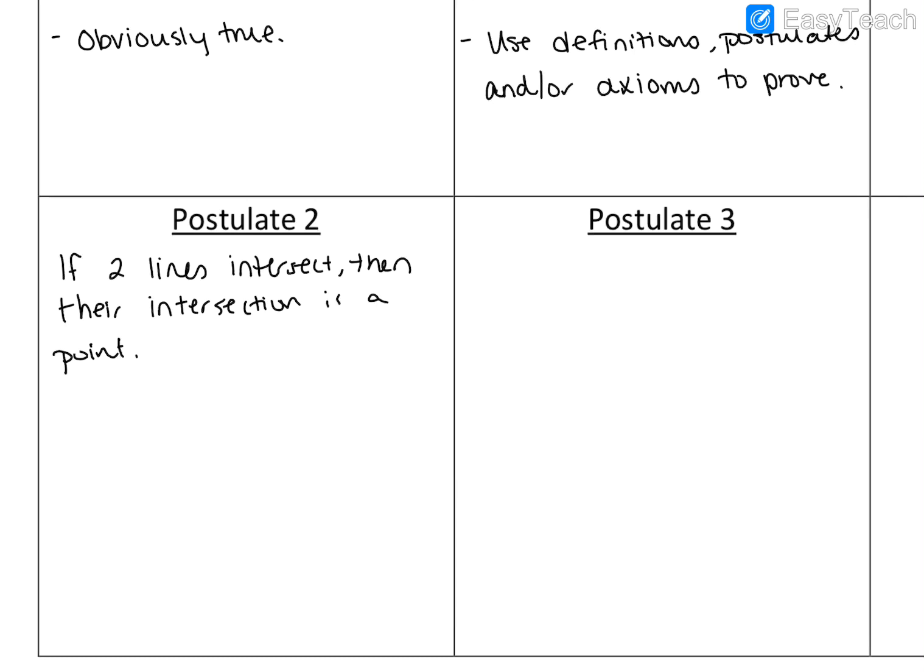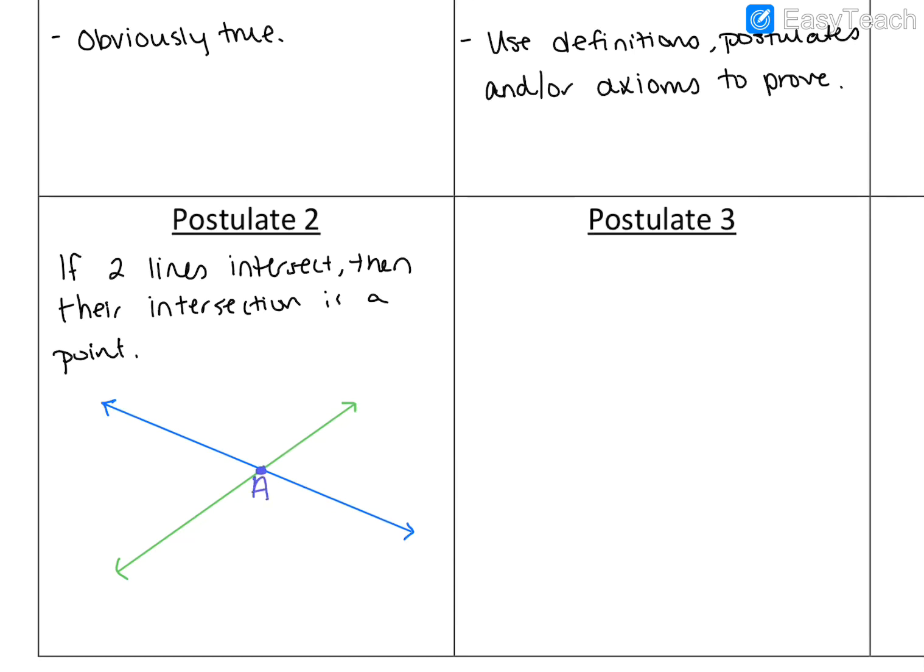Okay, so we have a line here. Let me change the color. We have another line here. Make sure that they're lines with the arrows. Okay, their intersection right here is a point.